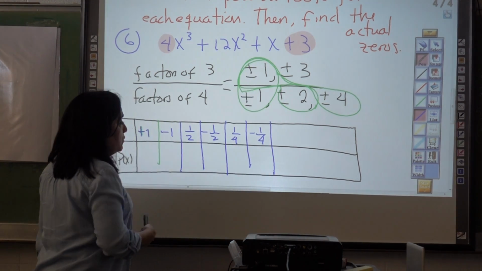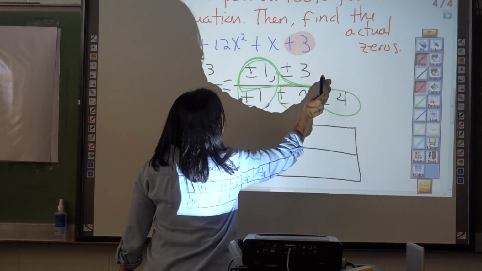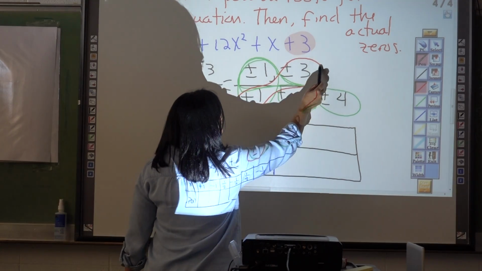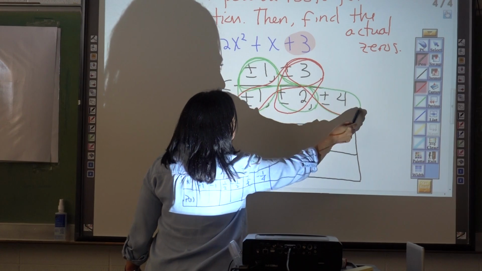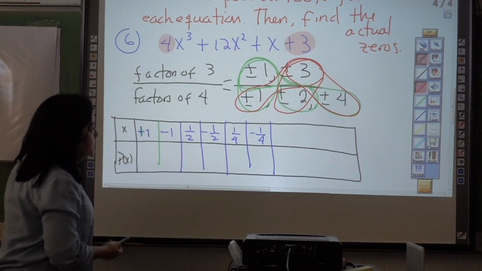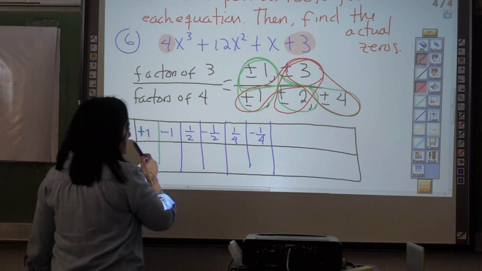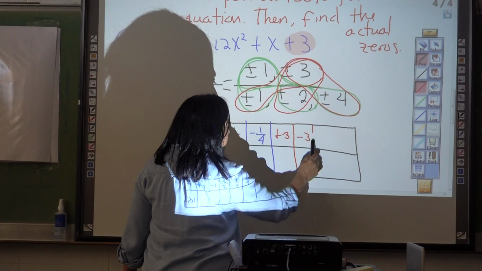Then we start with the 3, repeating the process. After we're done with that one, continue with the 2, and at the end with 4. So it's positive or negative 3: positive 3, negative 3.